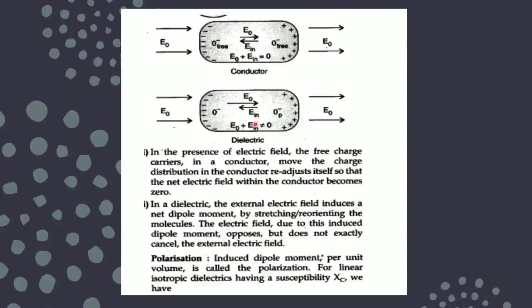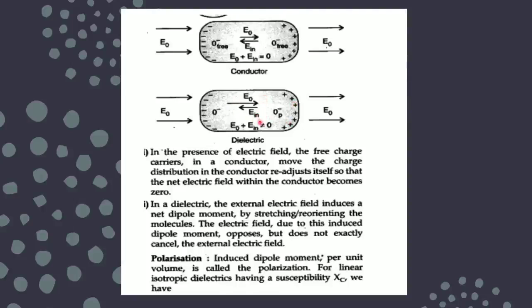But when I have the dielectric, induced charges are there in a similar way, but the value is not equal to the electric field. Directions are opposite, you can see in both cases: if here it is positive, then the induced charge here will be negative, and positive on the other side. Same way here also, but the induced electric field will be less than the applied electric field.